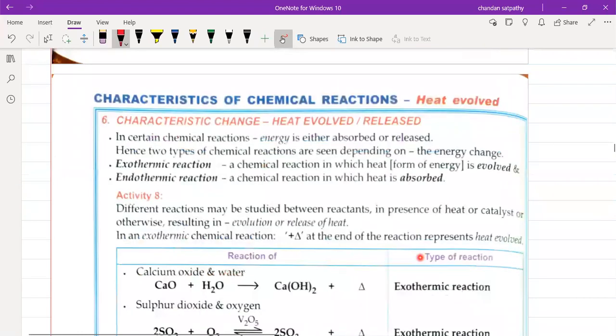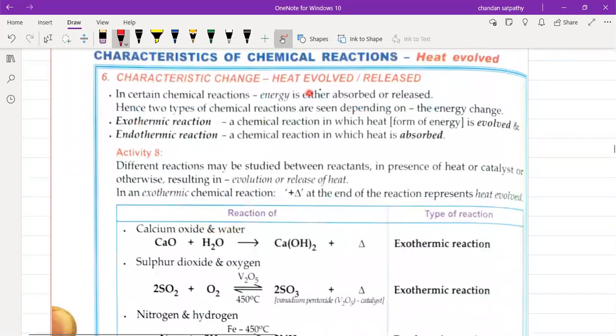Next characteristic of a chemical reaction is that either heat will be evolved or heat will be absorbed. So how will we know the heat is released? Means heat is produced. Suppose imagine that in this test tube a chemical reaction has taken place, and if outside it is hot, then we can say that the heat is released.